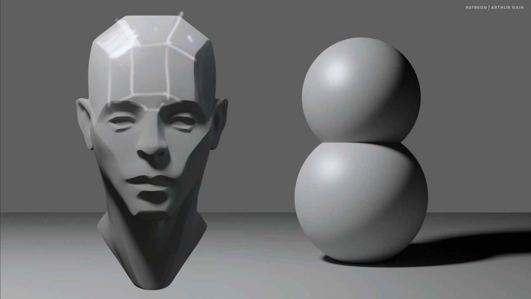And to simplify, we have like 1, 2, 3 planes in the forehead: frontal, 2 side planes, and temple planes. This is in the shadow, this is in the light. After that, we have this group of planes, the side of the face and the frontal planes.